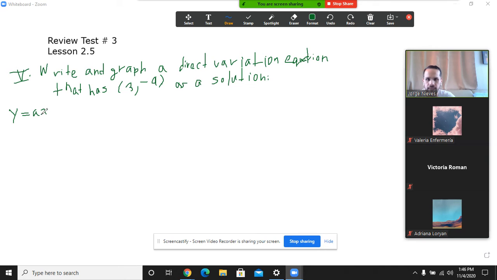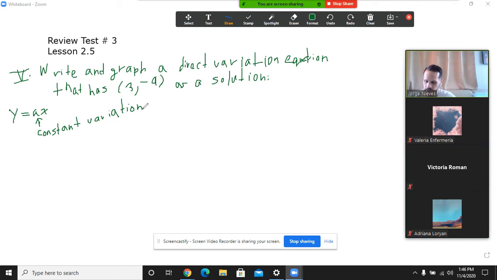So we can see that the constant non-zero is what we call the constant of variation, okay? And we also got the y-intercept, okay? So by knowing this, let's see how can we do this problem to find the constant variation, okay?